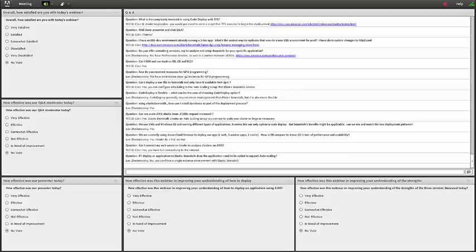Here's another question I'm taking a look at. They're asking, does Elastic Beanstalk allow installation of additional software to the server instance? So Elastic Beanstalk allows you to have full control over the individual instances.